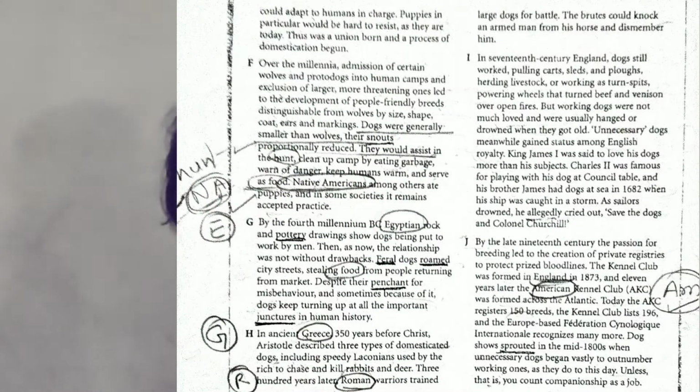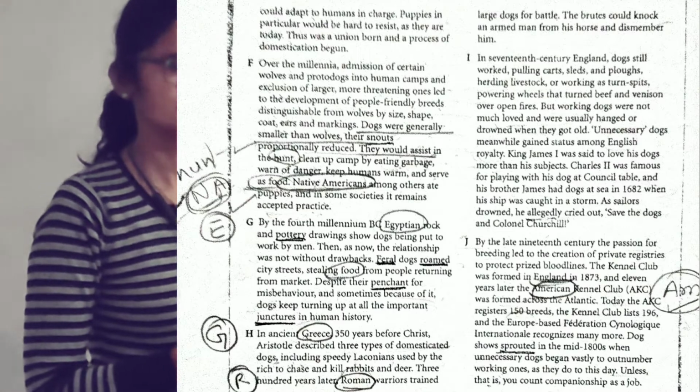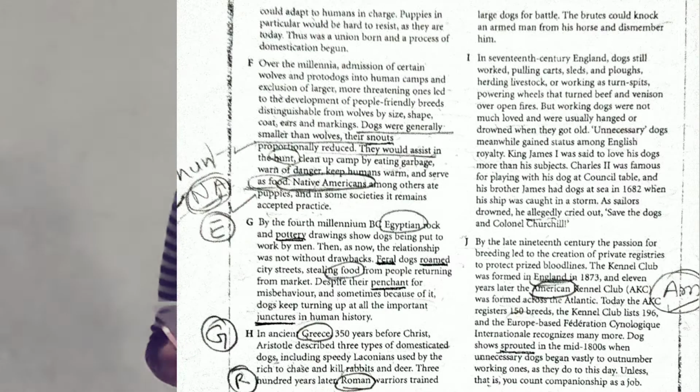Now after Greece there is Roman. Just try to find out what Romans were using dogs for. Okay, David, what's the answer?